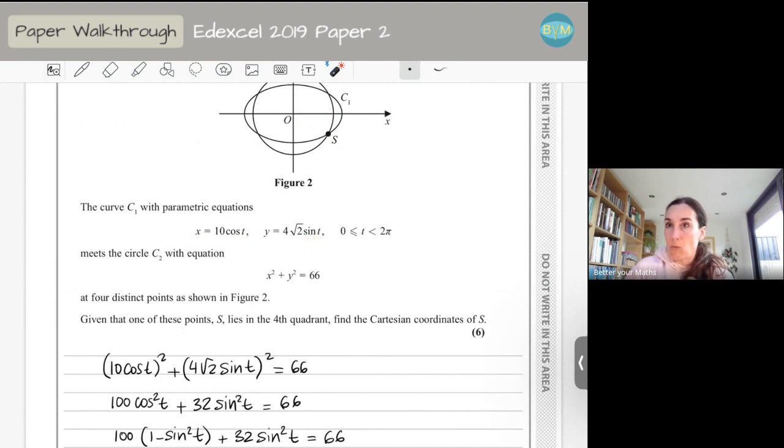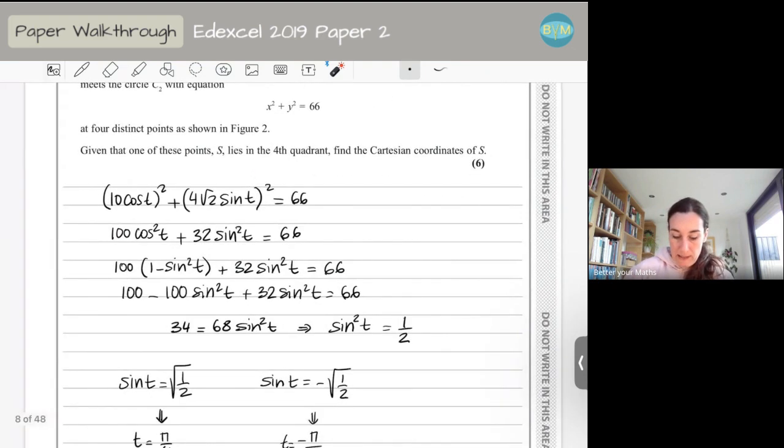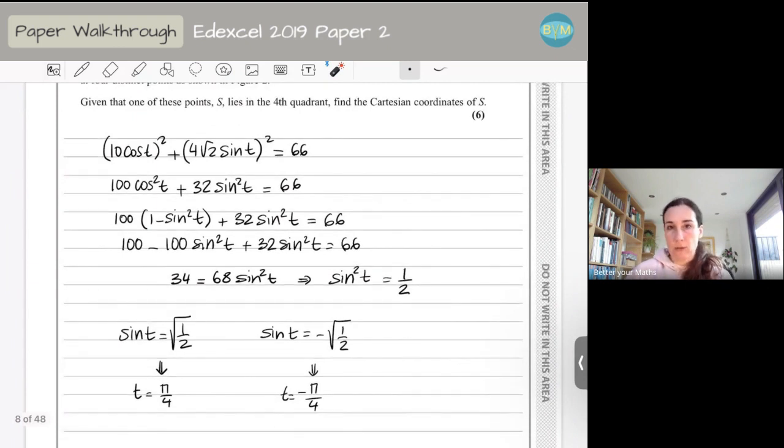So you have to think which one is going to give you positive cos and negative sine. Yeah? If you're a bit confused, use the calculator, because you have the calculator in your exam. So just try the values. So you try the pi quarters and then you try the minus pi quarters, or you find the next solution and you try the number. Yeah? But the one that is going to give us positive cos and negative sine is the minus pi quarters.